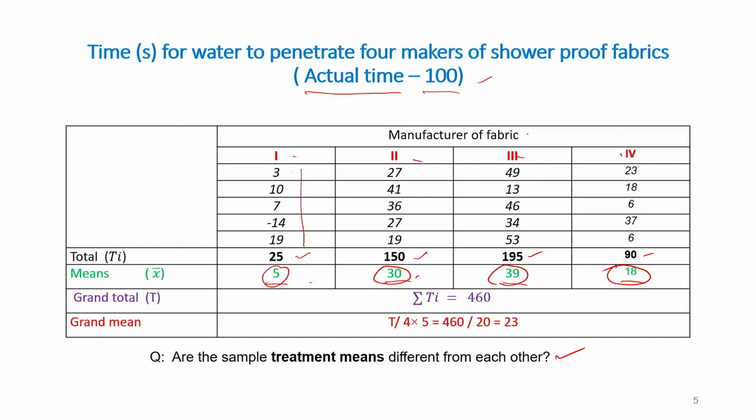Based on that, we have to make our conclusions. It should not be based on any subjectiveness. There has to be statistical backing in whatever conclusion we are going to draw. So here, these are the four different means that we have, and we have to compare whether the means are differing from each other or not.